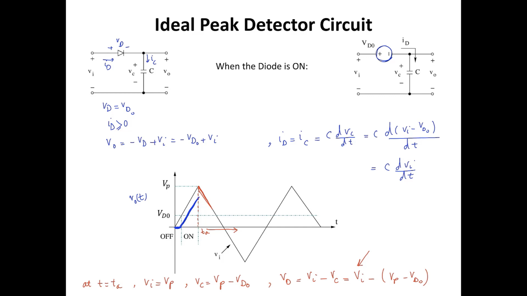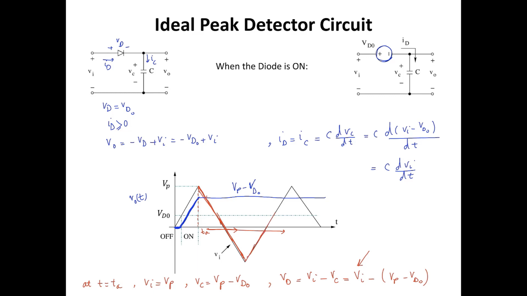From there, I know that for all of these time points, V out or Vc is going to stay at a constant value equal to V peak minus Vd0. So for all of these time points, the amplitude of Vi is less than its peak value.